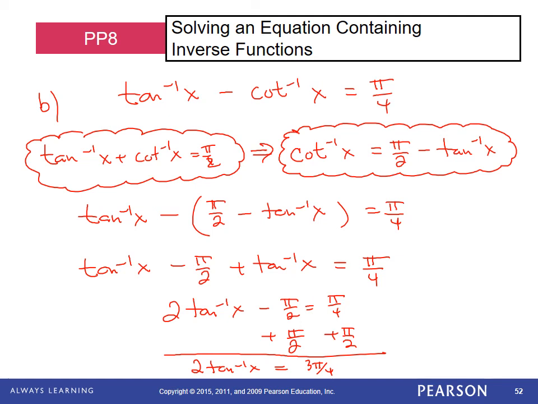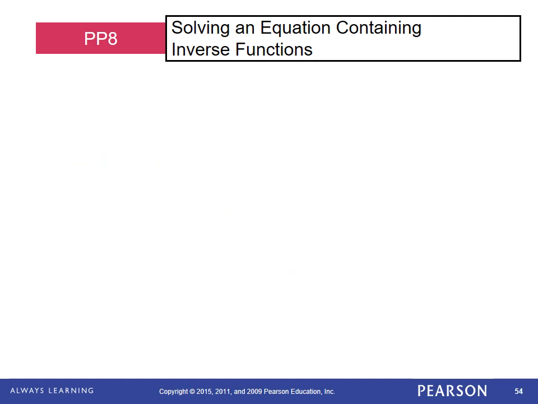All right, in that case, I still have a 2 on the outside. Divide by 2 or multiply by 1/2. Oh, okay. What we got was, sorry, let me get to that step here: 3 pi over 8, right?